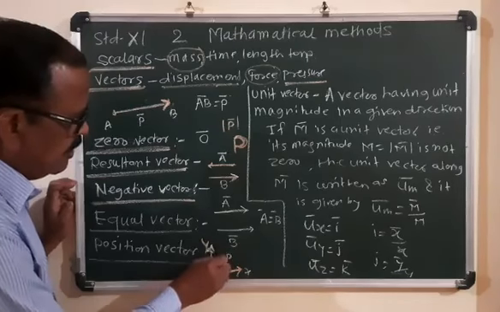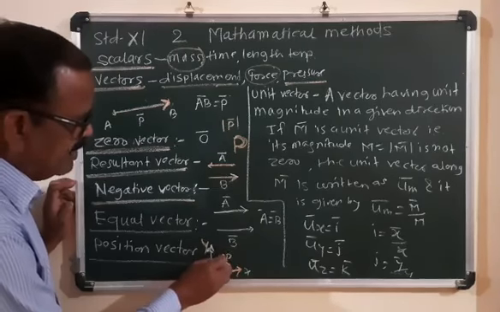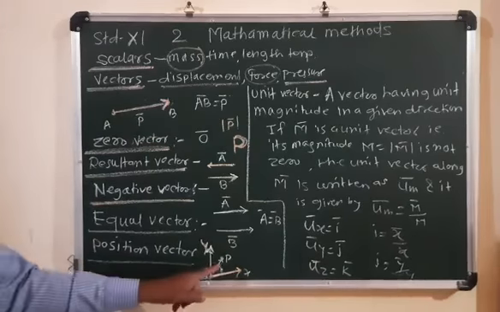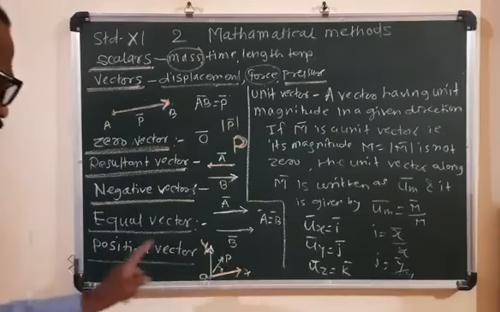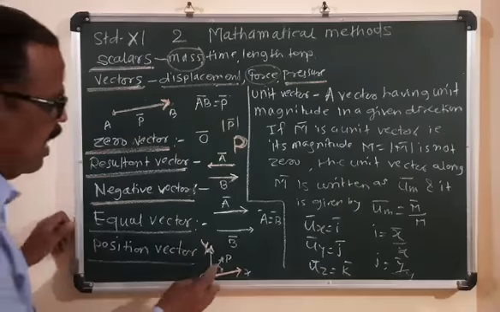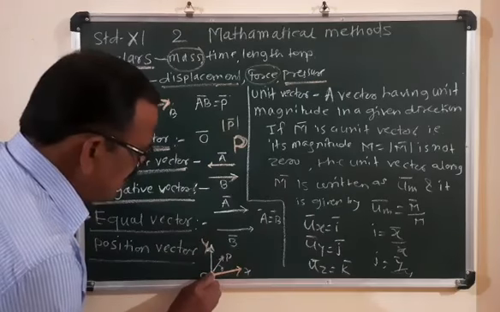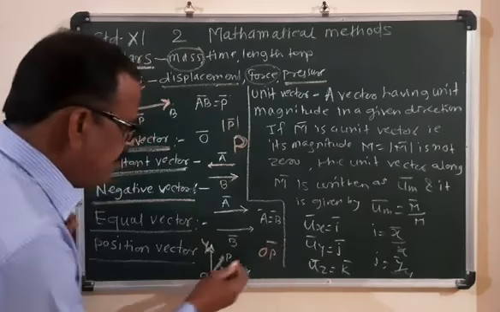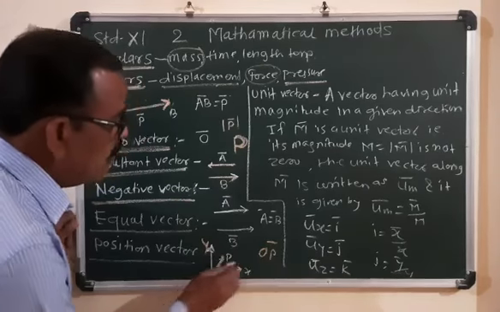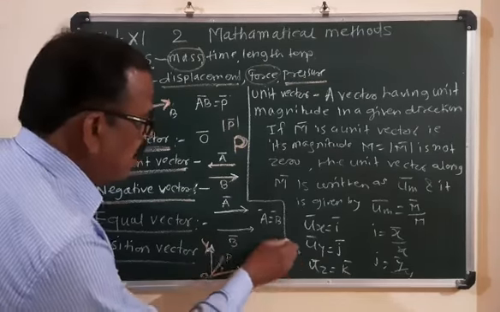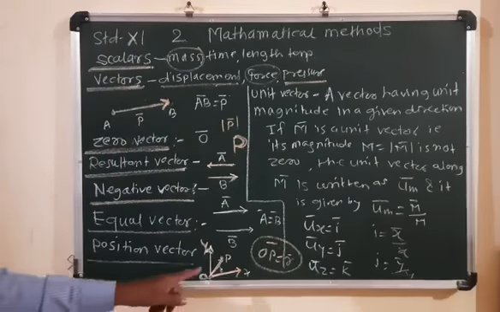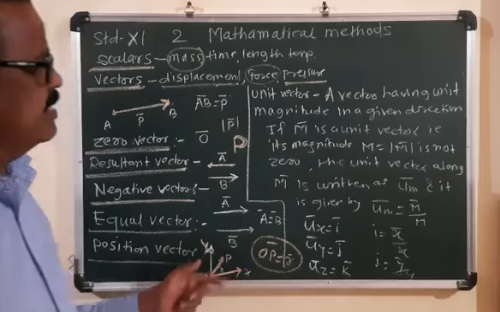Suppose we take point P, where we have considered a particle. Then point P represents the position of the particle, and it can be represented by OP bar from the origin. OP bar is equal to R bar. This is the position vector in the chosen coordinate system.